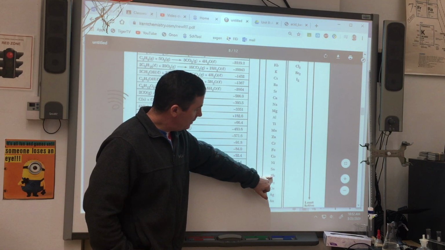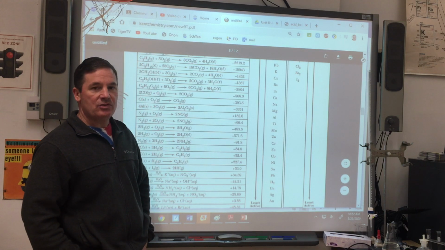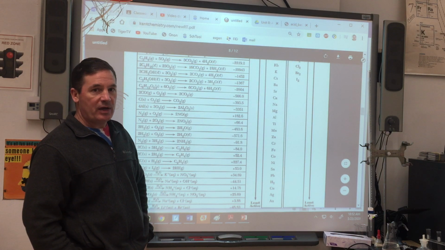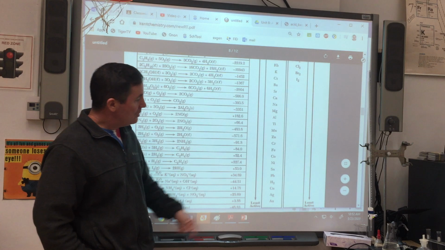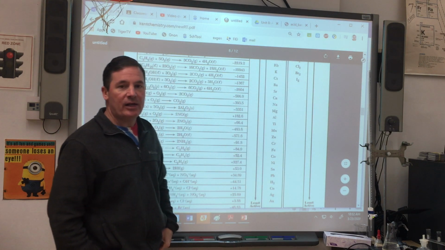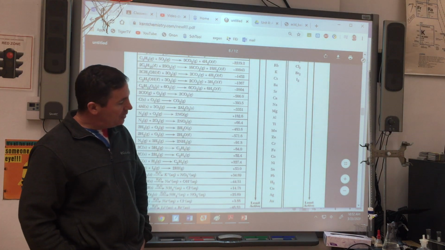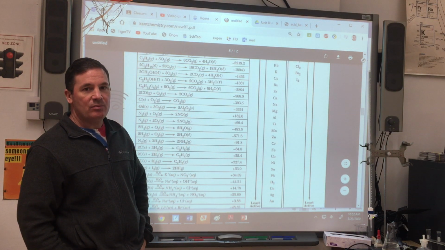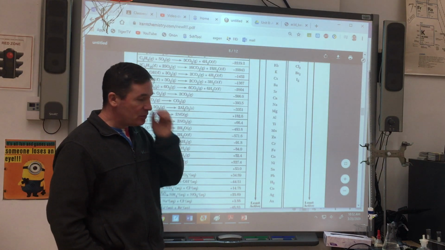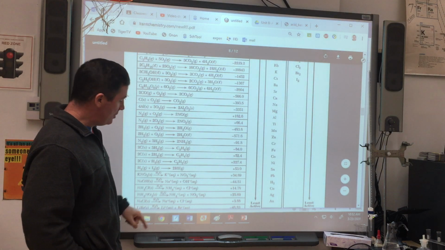So lead is something that will displace hydrogen gas, but the source of hydrogen gas is going to be an acid. So all these things, when they're mixed with acids, will kick hydrogen out. Remember, copper, silver, and gold, those three are not more reactive than H2. Therefore, if you mix them with acids, they won't kick hydrogen out.